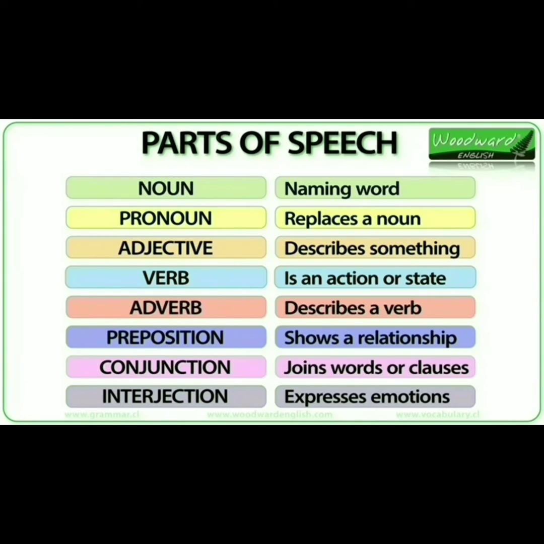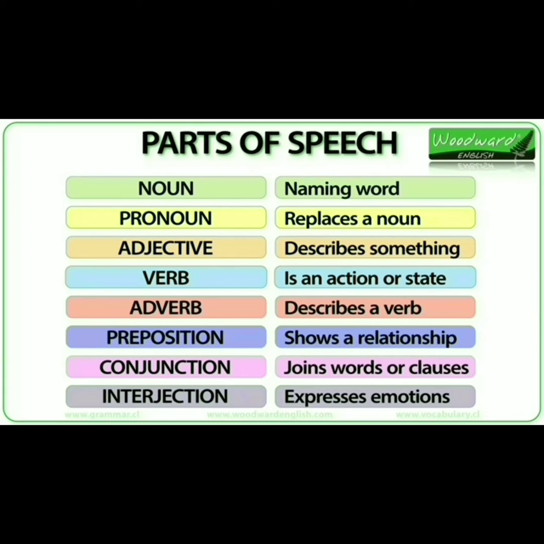In general, a noun is a naming word. Pronoun, it replaces a noun. Adjective, it describes something that is a noun or pronoun. Verb is an action word or state of being. It sometimes expresses feelings or thinking.